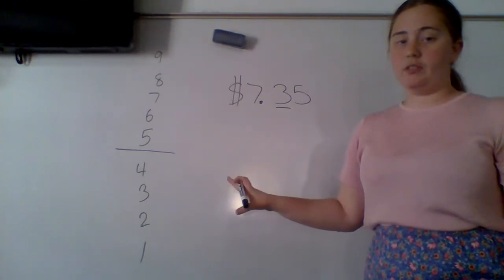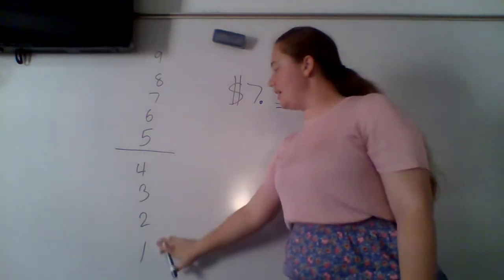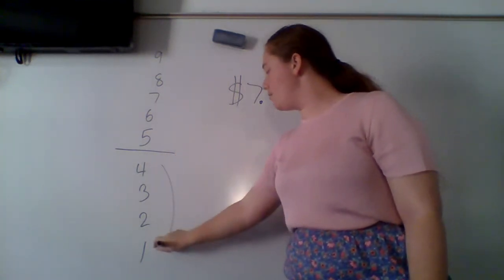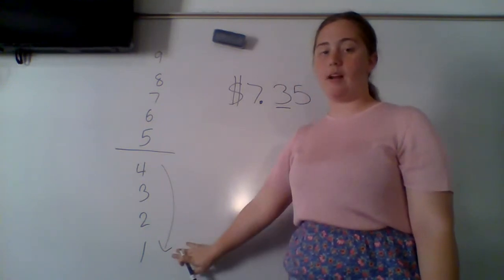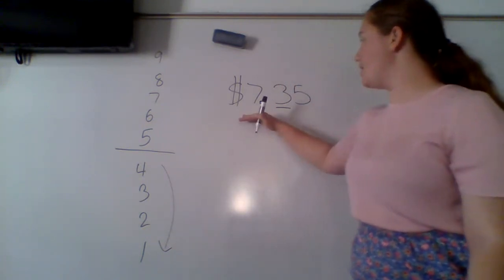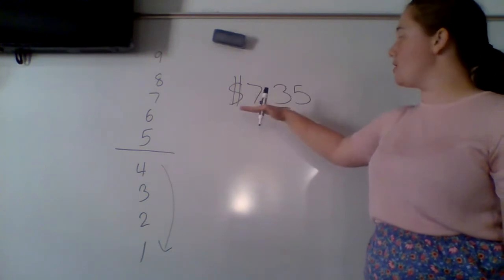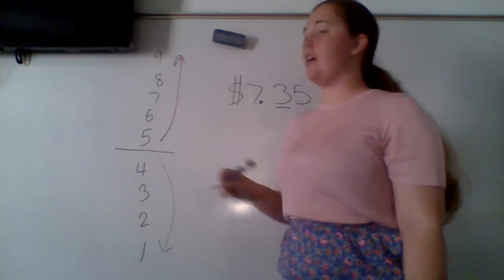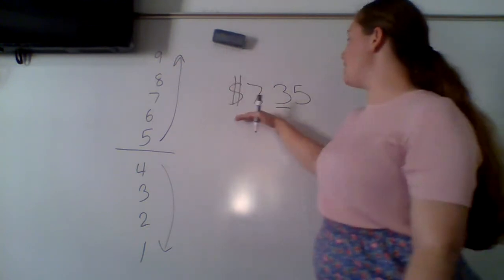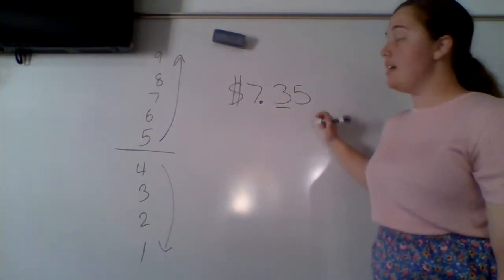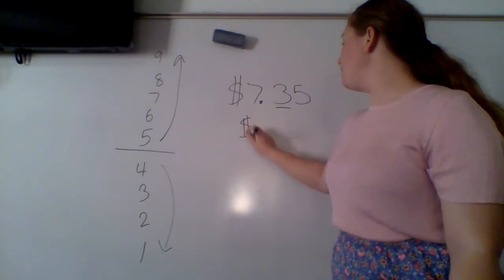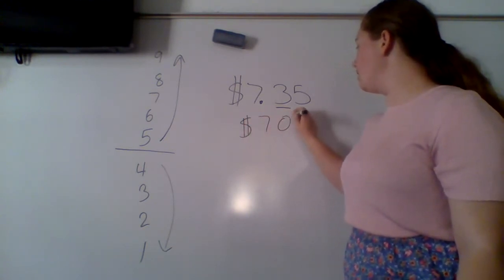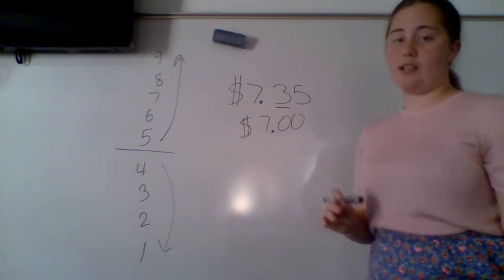If my number falls right here, I'm going to keep my rounding down to wherever it was before. So the 7 is not going to get rounded up, so it's going to stay right there. If it's 5 or higher, it's going to get rounded up to the next number. So if this is $7.35, my answer is just going to be $7. That's just what it's going to be.